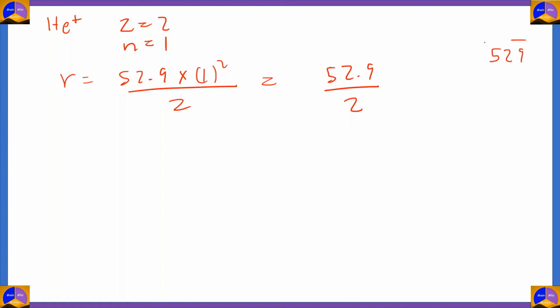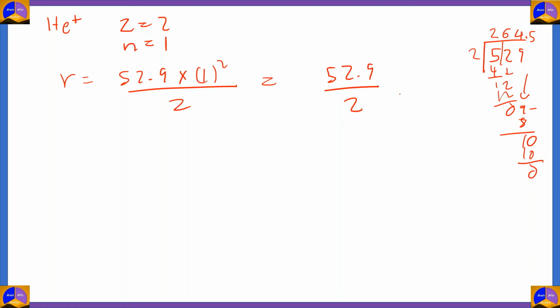So 529 divided by 2: 2 times 2 is 4, that's 1, 12, 6 times 2 is 12, so that's 0, and then 9, 2 times 4 is 8, 1, that becomes 10, so we have a point, and then 2 times 5 is 10, that's 0, so 264.5.